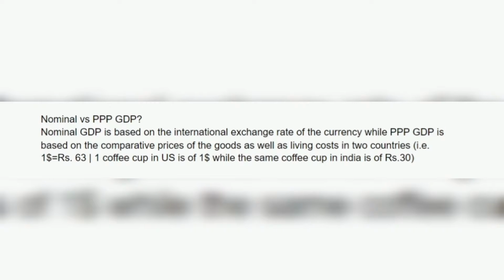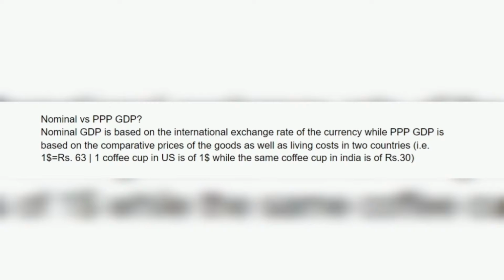So you must know what is the difference between nominal GDP and purchasing power parity GDP. Nominal GDP is actually based on the international exchange rate of the currency as compared to US dollar. This is useful in the international economic market and in the exchange market.